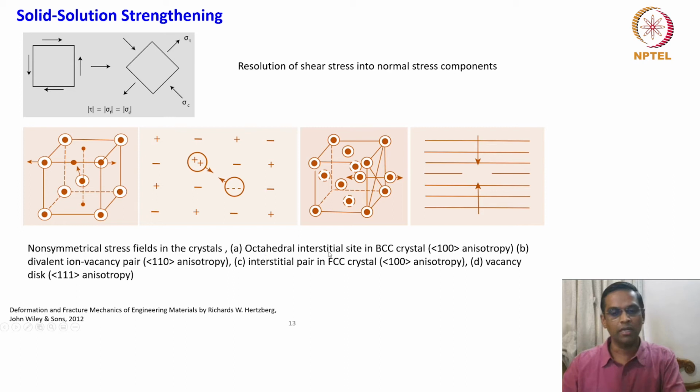First one is the octahedral interstitial site in a BCC crystal. They will have anisotropy in the 100 direction. Here we go to this arrow direction, you can see, and what is shown here is the interstitial site. There are two possibilities. One is in the edge center, the other is in the face center. Okay, in a BCC lattice. Both of them are octahedral sites.